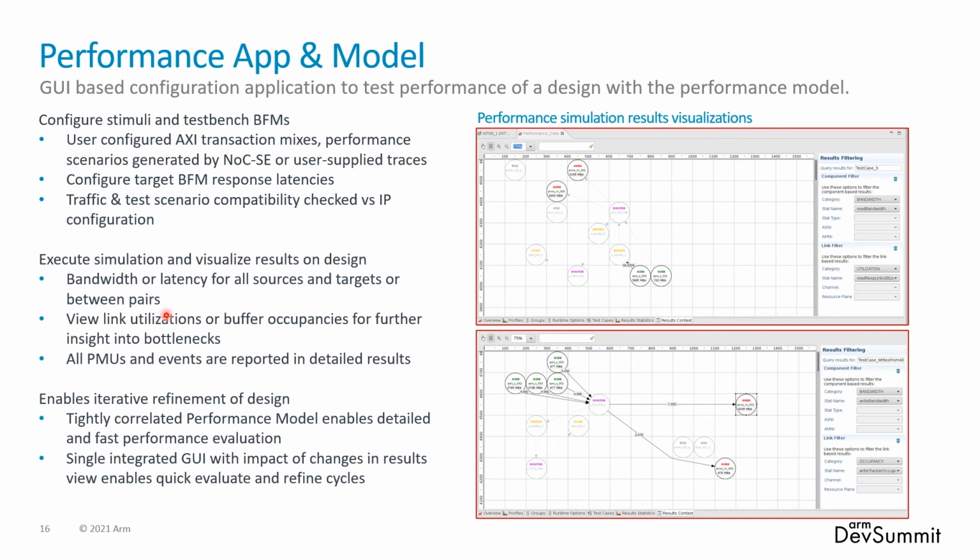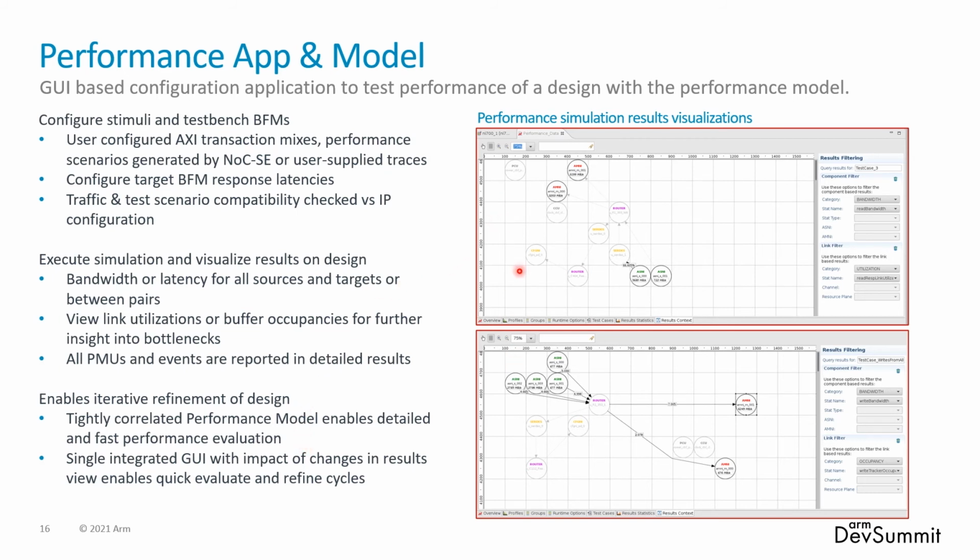The link utilizations or buffer occupancies, and these are quite useful when one is trying to zoom into a problem when the performance is not being met. This performance model enables a very tight refinement loop so that one can just very quickly observe the performance, make the necessary changes to the NI 700, refine the design, and then rerun in the performance model till one is satisfied of the performance.